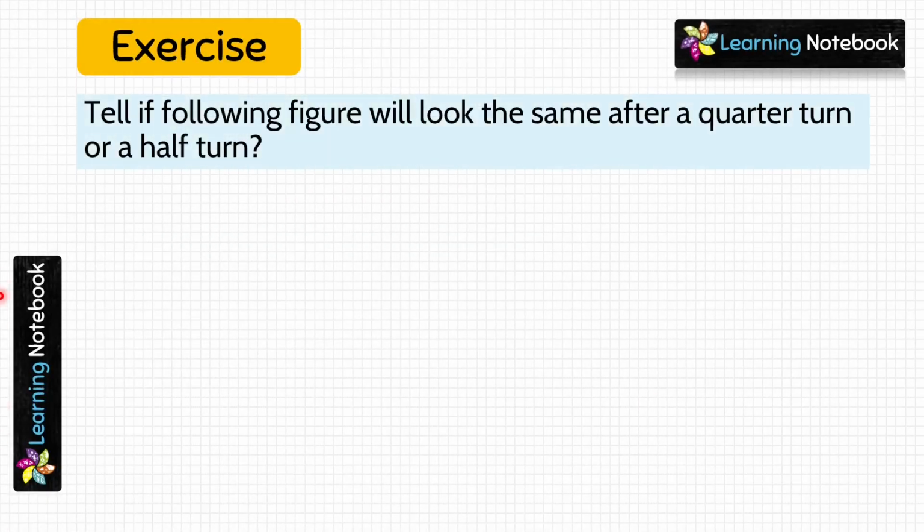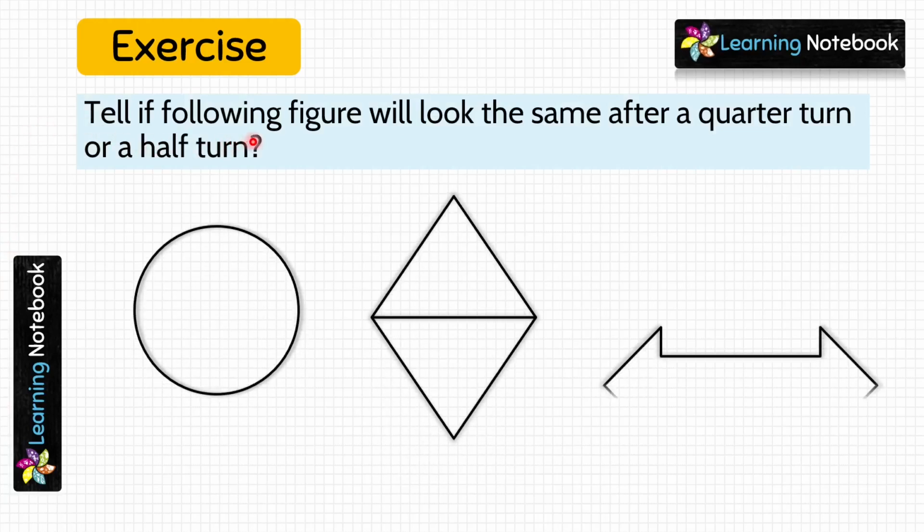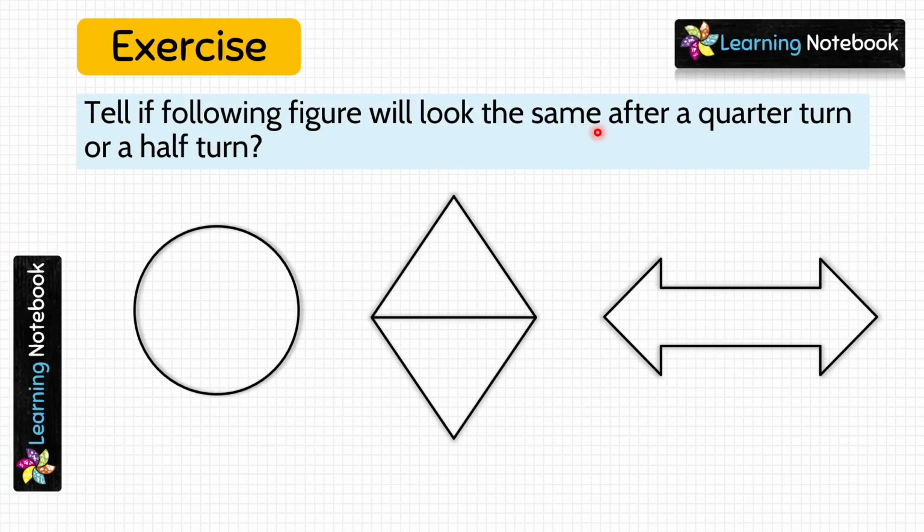Let's do a question. Tell if the following figures will look the same after a quarter turn or a half turn. So here students, we are given these three figures and we have to tell whether they will look the same, that is, will they be in their original position after the quarter turn or after the half turn.